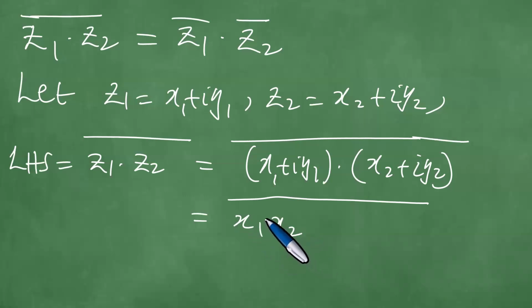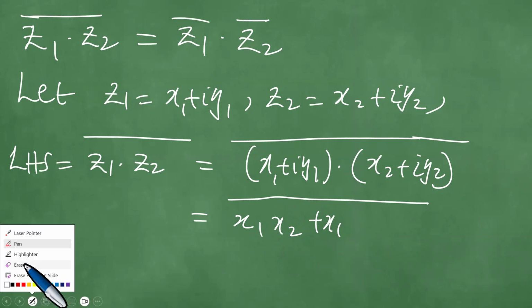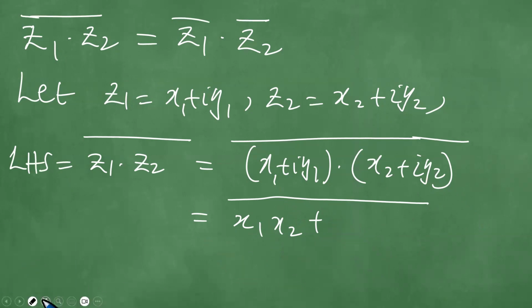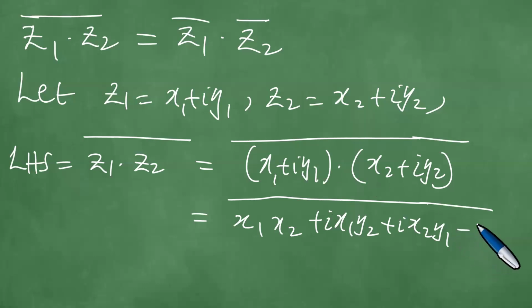That is the method we use. X1 X2, and then multiply X1 times this, which is plus X1 iY2, but we can write it nicely. Normally we start with the i. So multiplying X1 and iY2, you can write i X1 Y2. Then here you put i X2 Y1. And then here you put minus Y1 Y2. Right, so this is what we get.